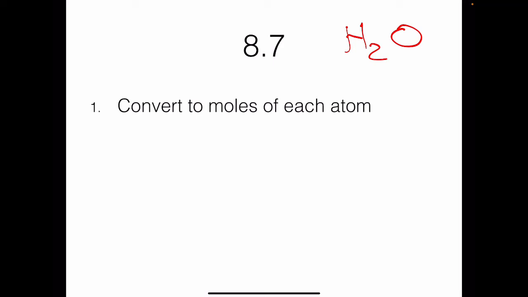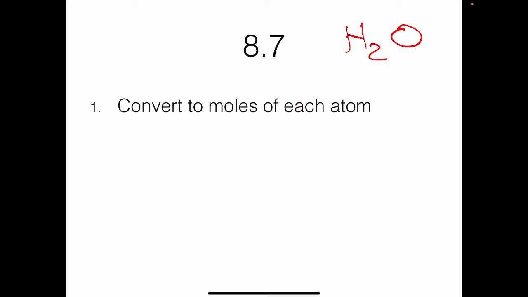But remember, since the mole is just a quantity, we can also use those subscripts to give us the mole ratio of one atom to another within a compound. In other words, I also have 2 moles of hydrogen atoms for every 1 mole of oxygen atoms. So I can calculate moles and be able to determine what those subscripts are.